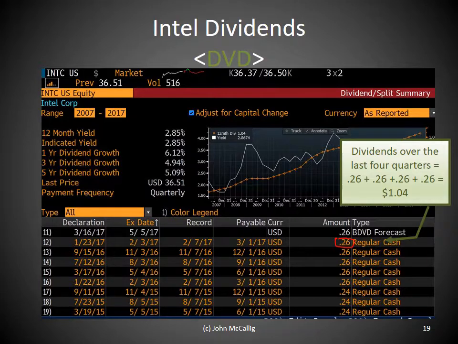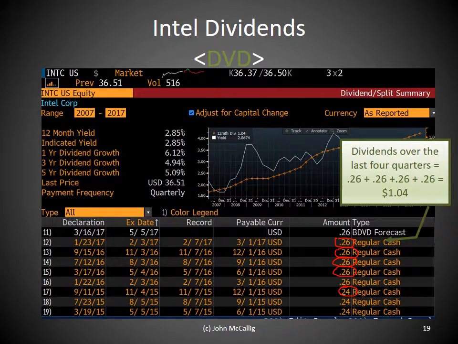The one before that was the 1st of December, 26 cents. Then the 1st of September, the 1st of June. So as you can see, there's a real pattern here.